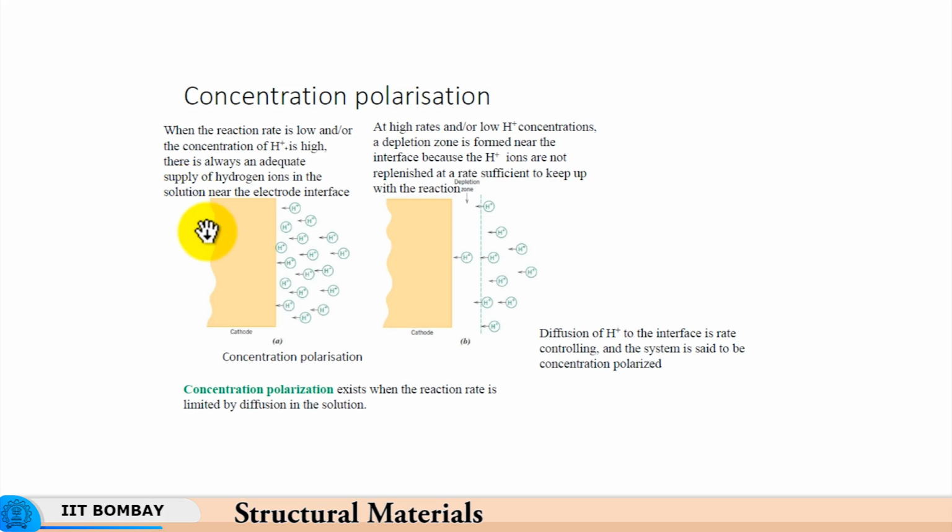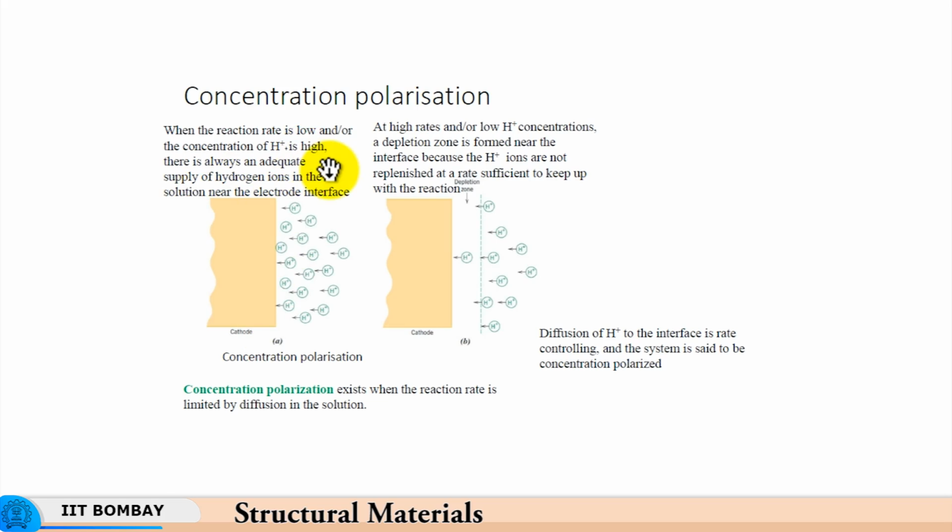When the reaction rate is low, you get fewer electrons from the anode, and since you are getting fewer electrons from the anode in a given period of time, the rate of reaction at this point is also relatively sluggish, and that is why there is always an adequate supply of hydrogen ions in the solution near the electrode's interface.